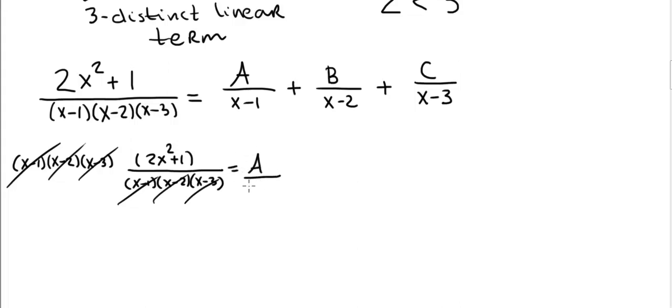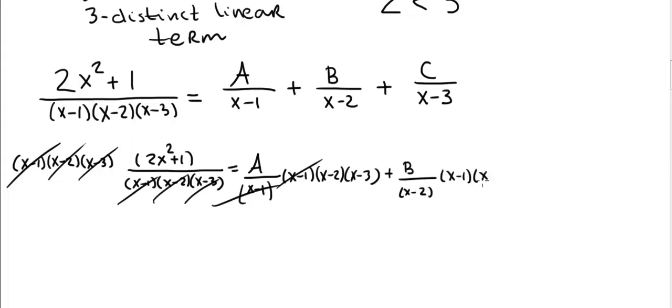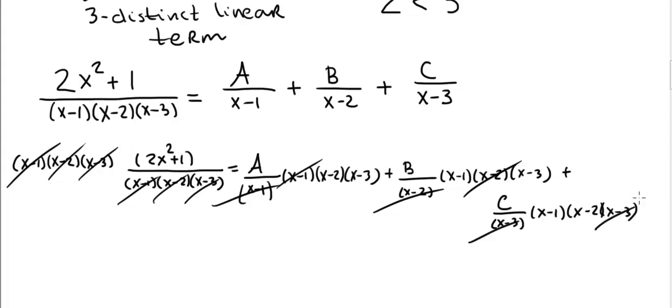A divided by x minus 1 times x minus 1, x minus 2, x minus 3, so we can cancel x minus 1 here, plus B divided by x minus 2 times x minus 1, x minus 2, x minus 3, so here x minus 2 cancels, and then C divided by x minus 3 times x minus 1, x minus 2, x minus 3, so here the x minus 3's cancel.